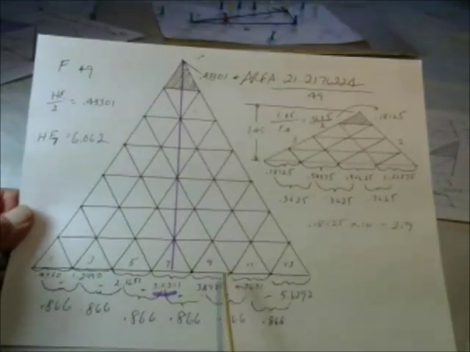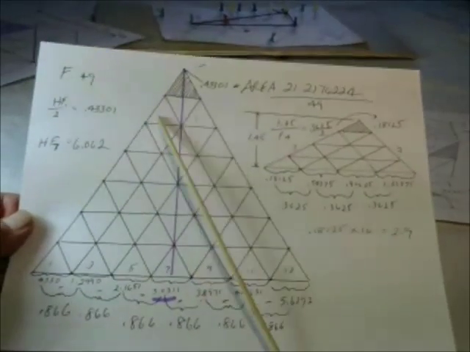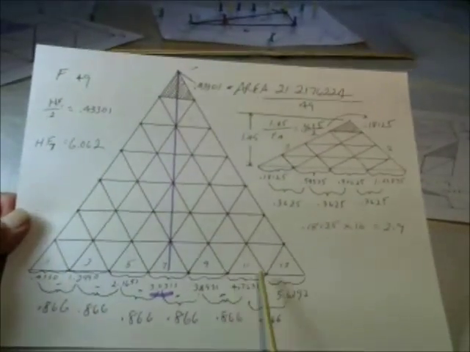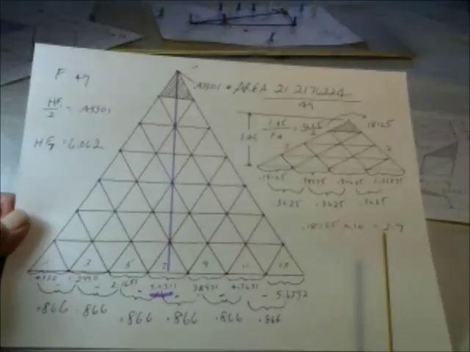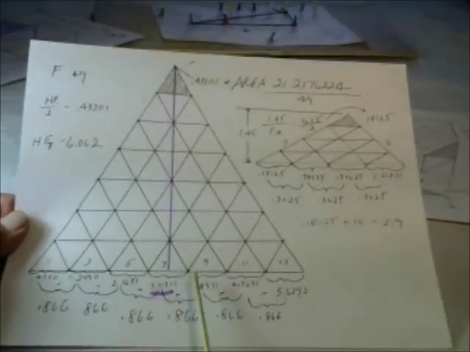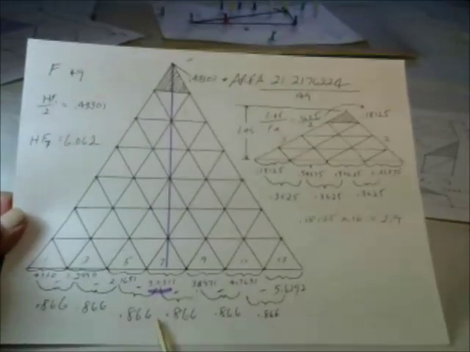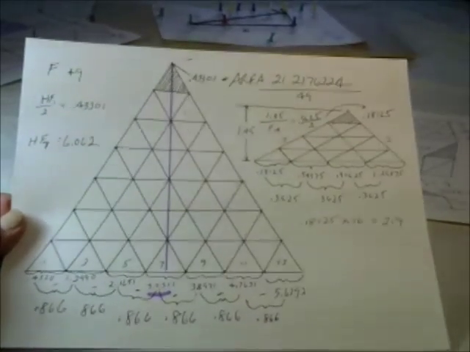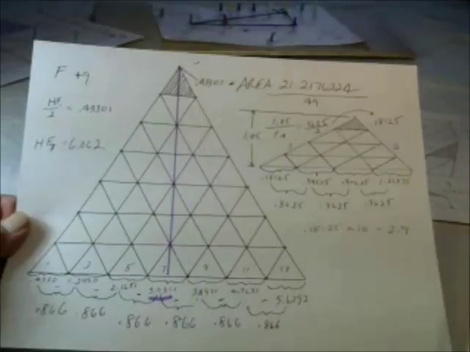We do that down each line, boom, boom, boom, boom. And these are the areas that we're taking off of the equilateral triangle. When you subtract the smaller from the larger, each time as we go down, it comes down to exactly 0.866, which is the height of an equilateral triangle.